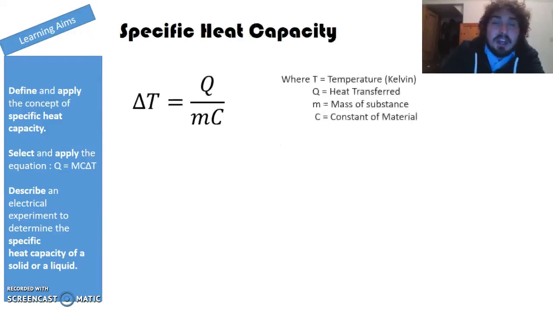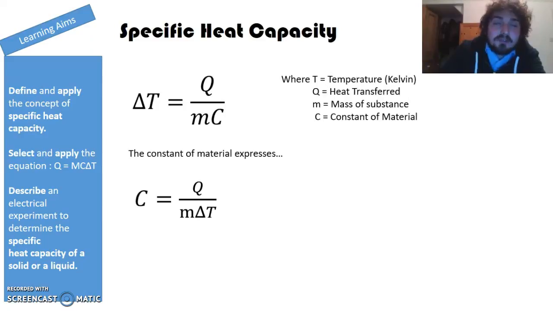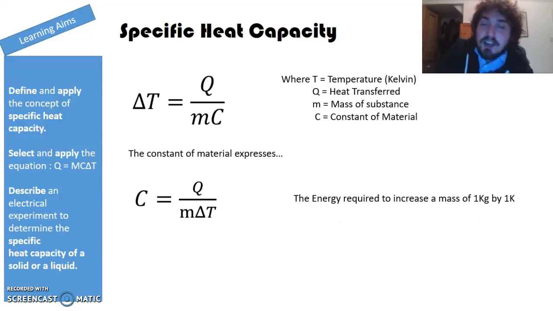And we can state that C is equal to Q over M delta T, which is basically saying that C is the energy required to increase a mass of 1 kilogram by 1 Kelvin. So that constant tells us how much energy is required to increase the mass of 1 kilogram by 1 Kelvin.